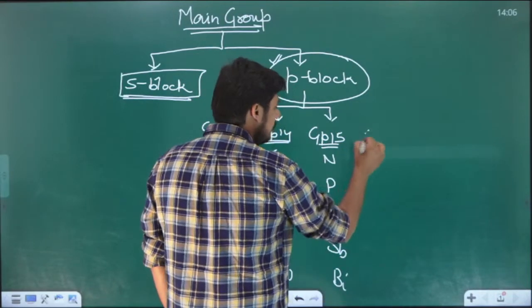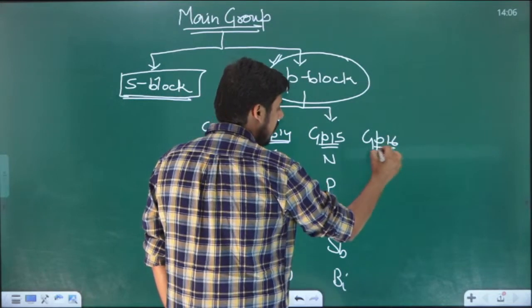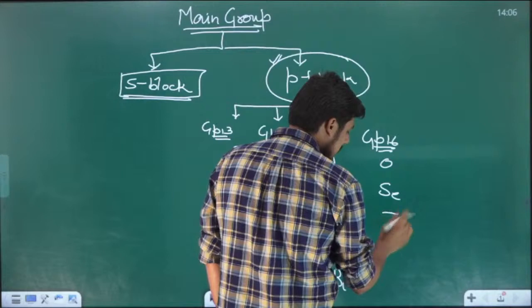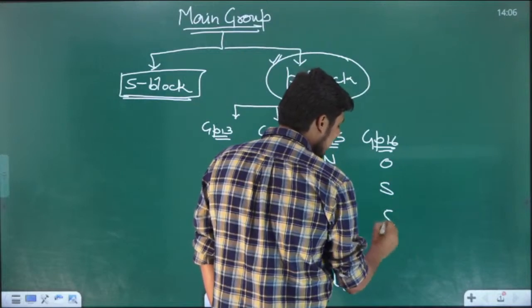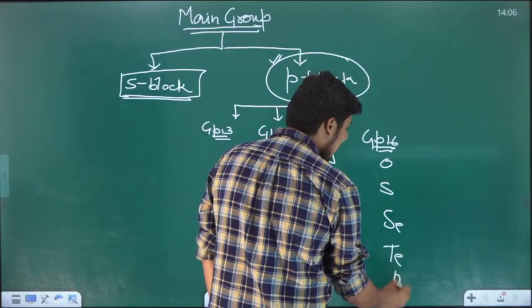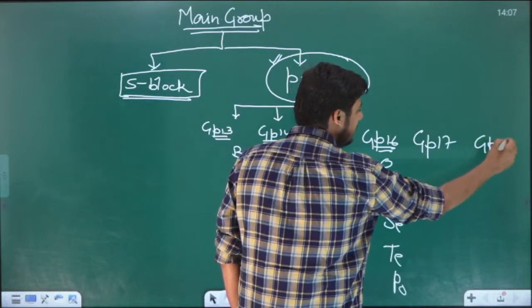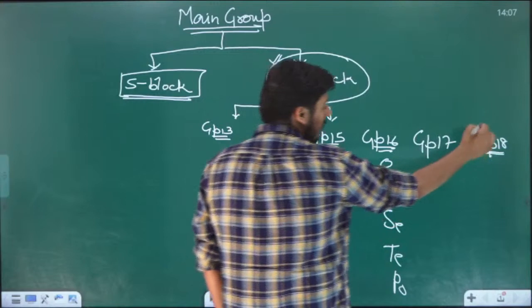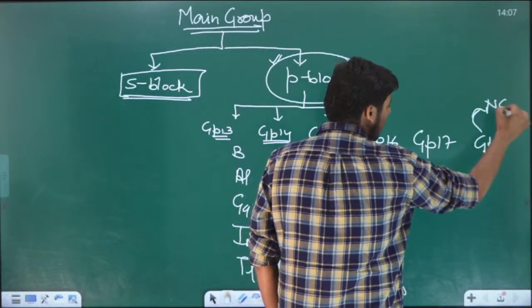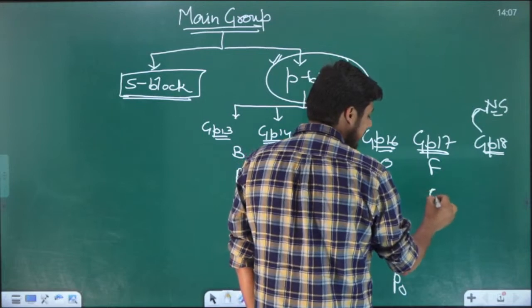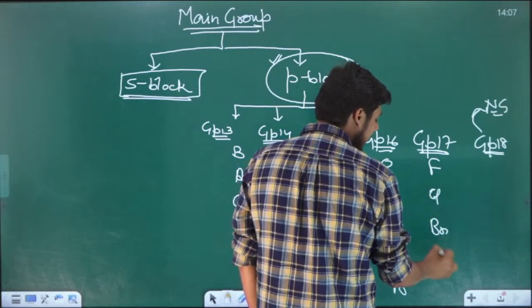After that comes group 16, which is your oxygen family. And lastly there are group 17 and group 18. Group 17 is your halogen group, and group 18 is your noble gases. In the halogen group we have fluorine, chlorine, bromine and iodine.